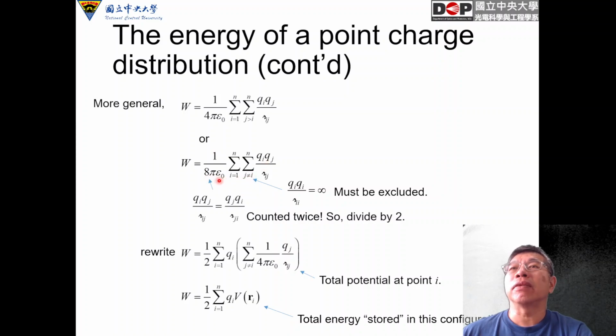But in this case we counted twice, because ij and ji are counted the same and the distance is the same. So we divide by 2. That's pretty much it. This will be the total work done, or more precisely, half of the sum of each charge times the potential at that position.